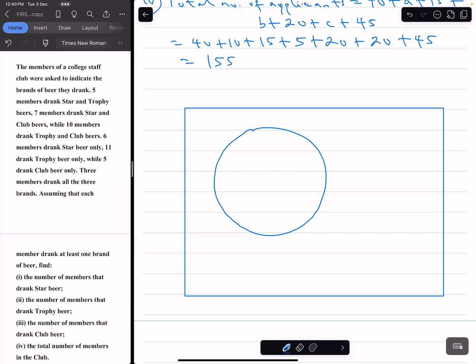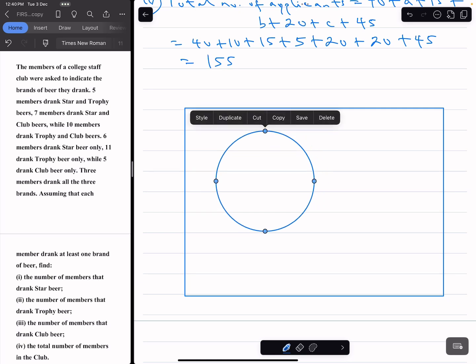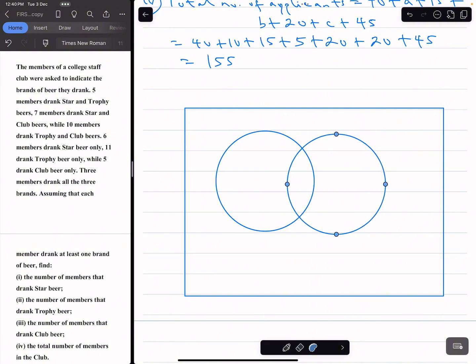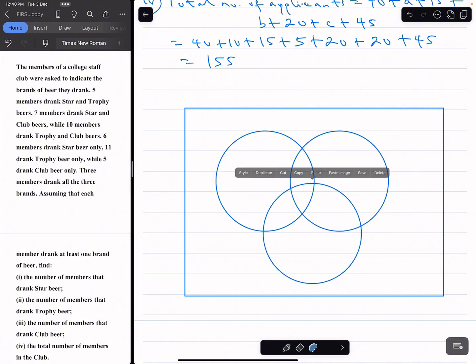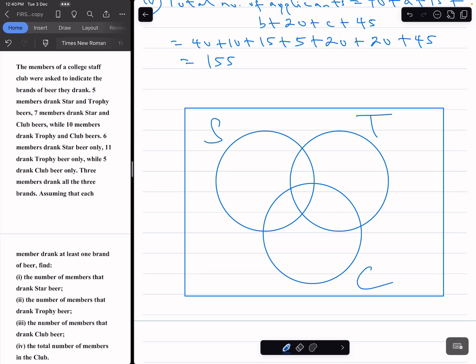Let me make the 3 sets now. Let this be the set that represents Star beer, this the set that represents Trophy beer, and this is the set that represents Club beer.